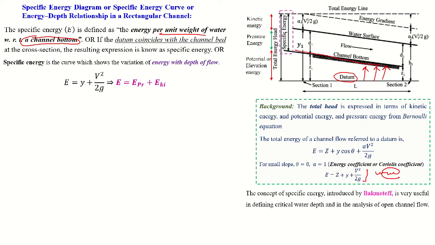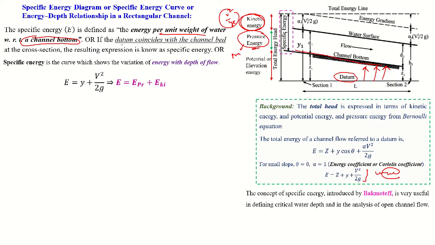So the remaining are two energies: the pressure energy, or pressure head, and the kinetic energy, or velocity head, that is V square by 2g. This is the sum of pressure energy and kinetic energy or velocity head.